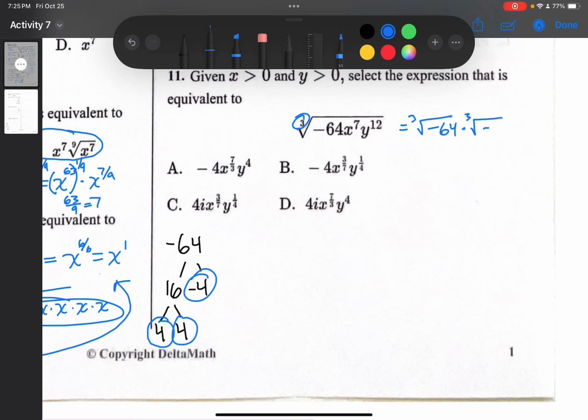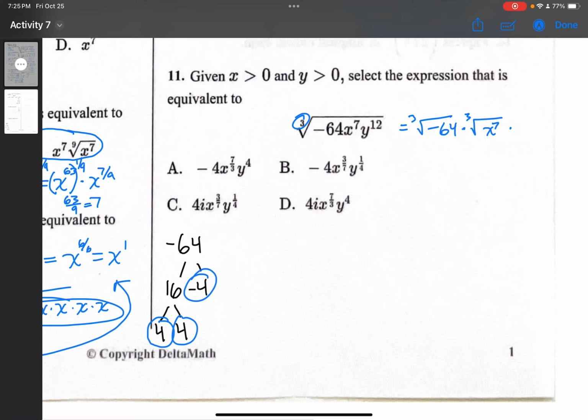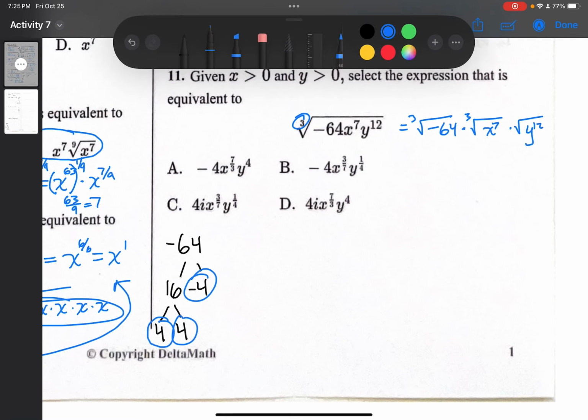Make sure we know we are separating it into... Right, a negative 64 is the same as a 4 times negative 4, right? Or it can even be negative 4 times negative 4 times negative 4, right? Because it's an odd value.